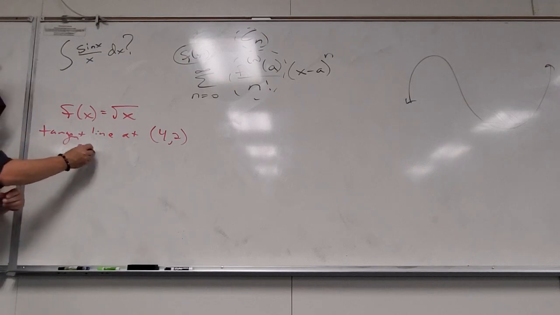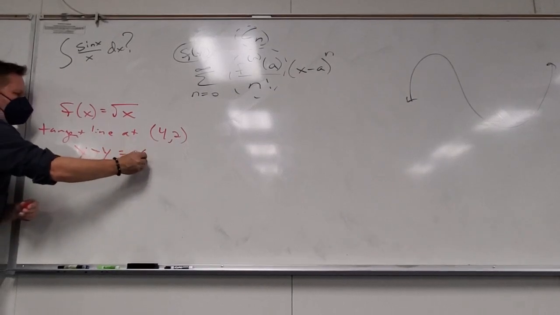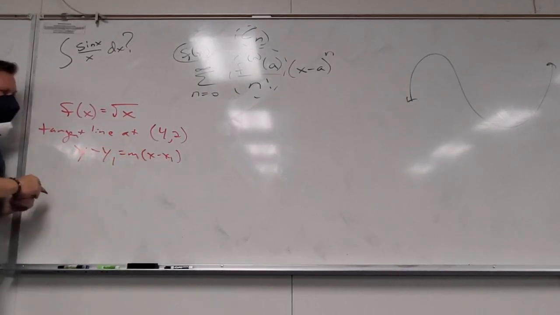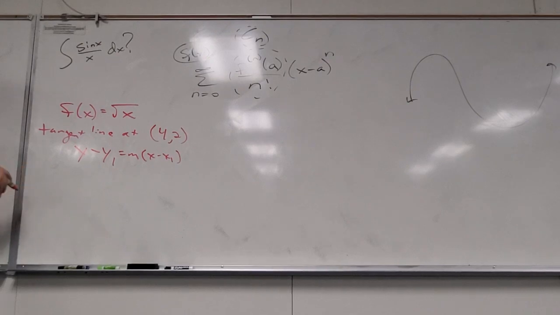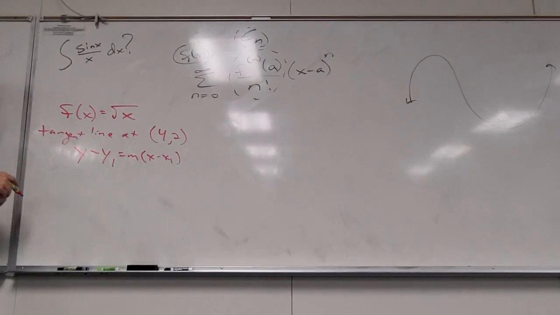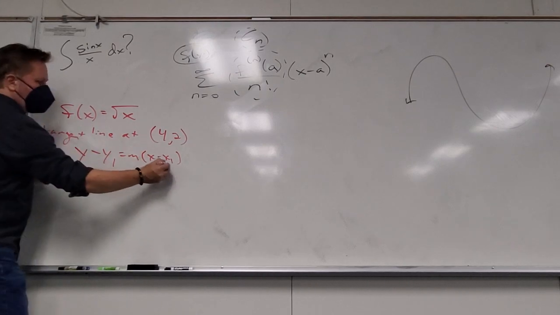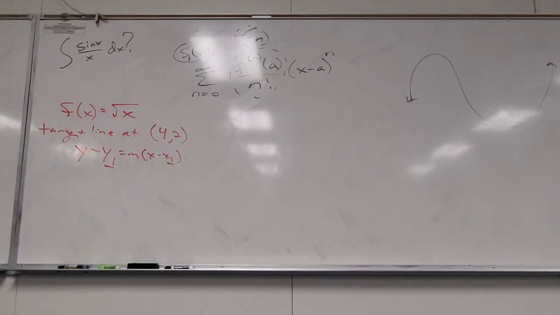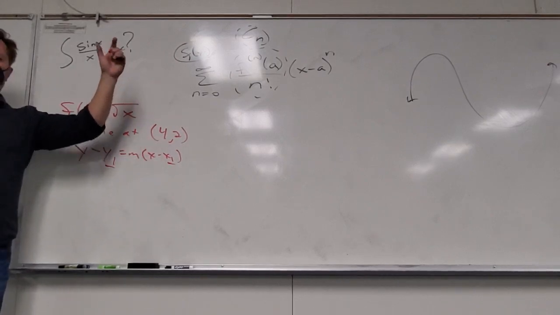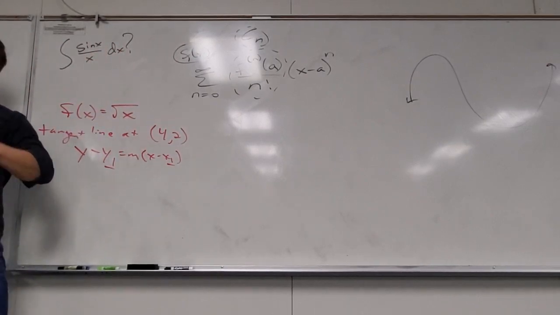You can use the point-slope form, or you can use mx plus b, whichever you like better. What's the very first thing you have to determine? The derivative, because I already have x1 and y1: x1 is 4, y1 is 2. The only thing I'm missing is the slope.